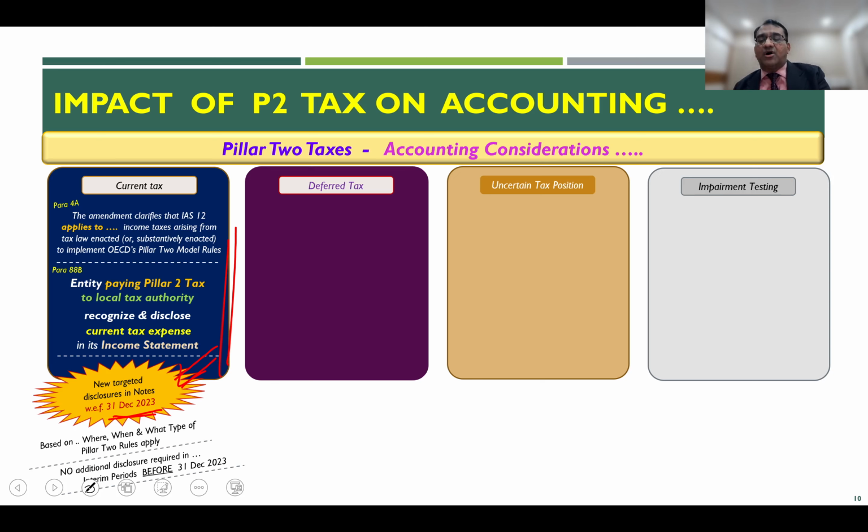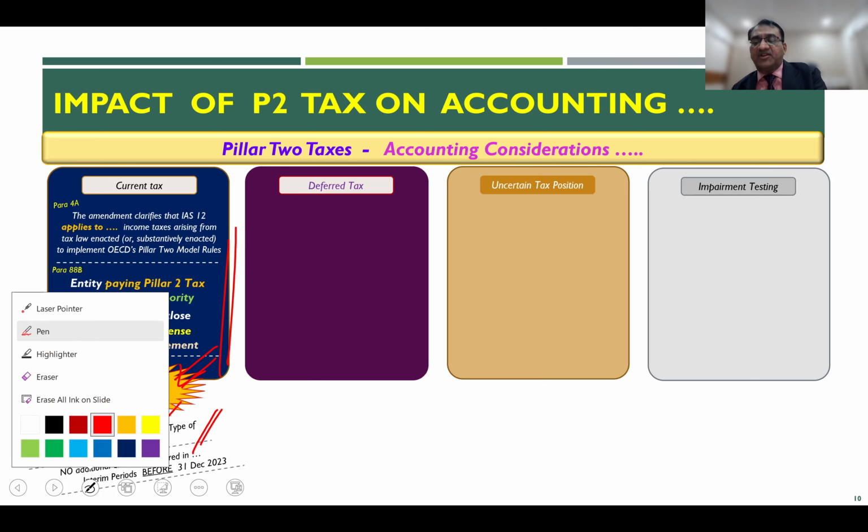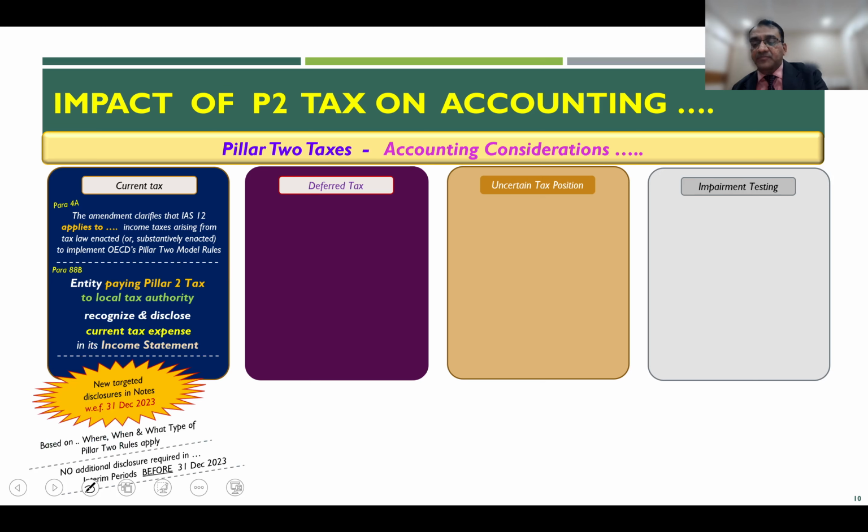So based on who, when, what type of taxes or Pillar 2 legislation have been enacted by the various jurisdictions where the MNE operates, that drives the disclosures and the accounting.